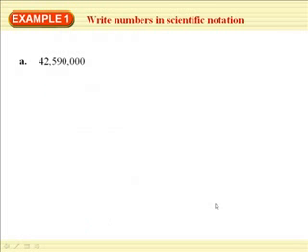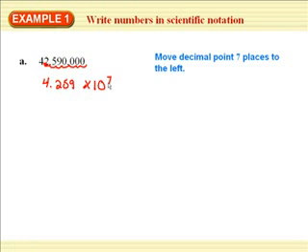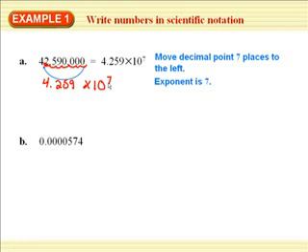So let's do these. Here, I need to make this a number between 1 and 10, and you know it's going to go right there. As long as there are numbers, you got to put them. 2, 5, 6, it's the zeros you can drop, times 10 to the 7th, because we're moving it 7 places. That's it.